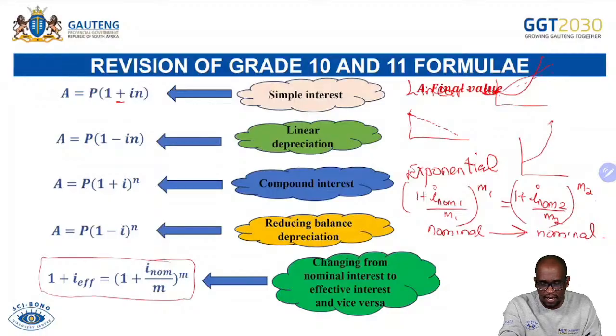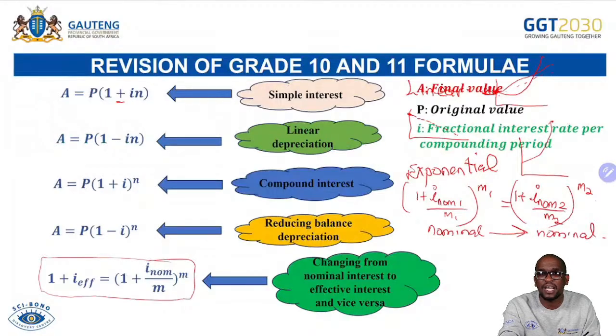Let's look at the parameters here. A is the final value, and P is the original value, the invested value, all right? i is the fractional interest rate per compounding period, okay? And then n is the number of periods. I'm trying to explain the parameters that are in these equations, okay? And then i effective, that is the annual effective rate.